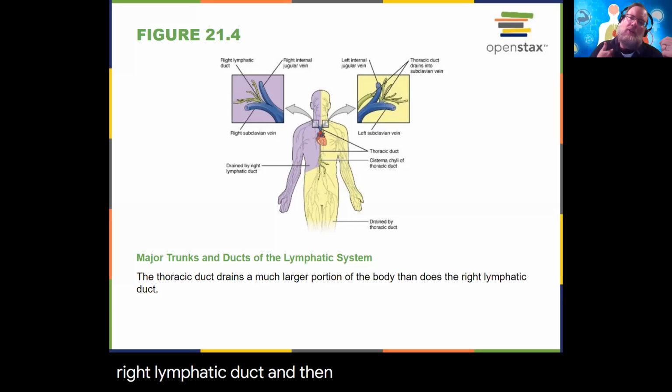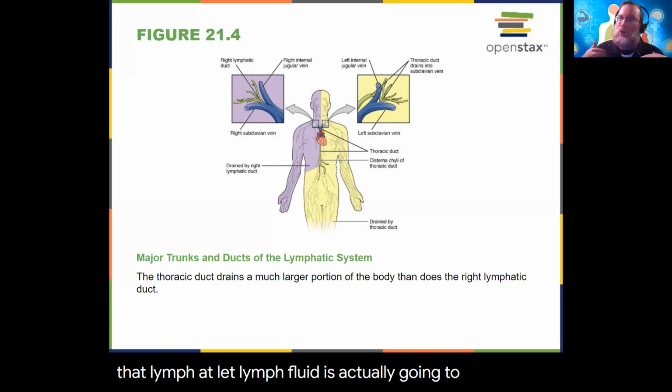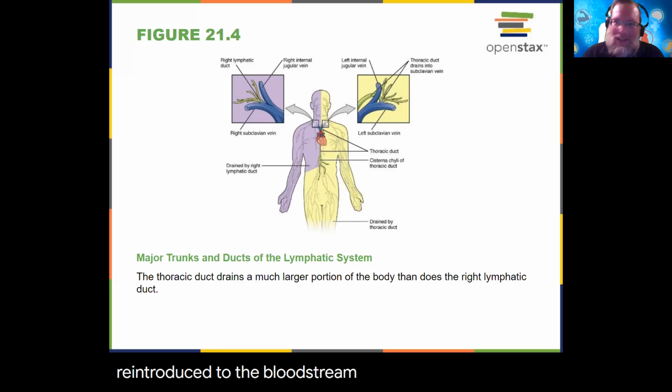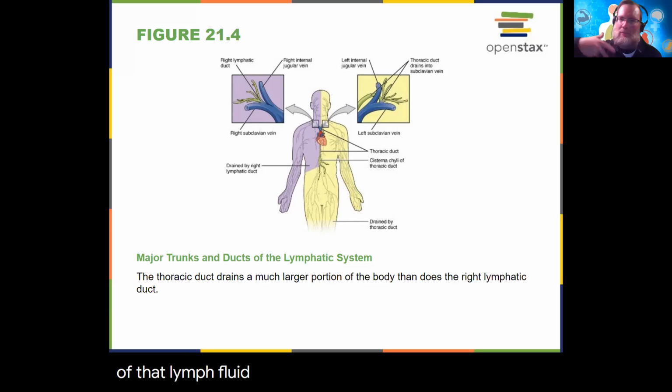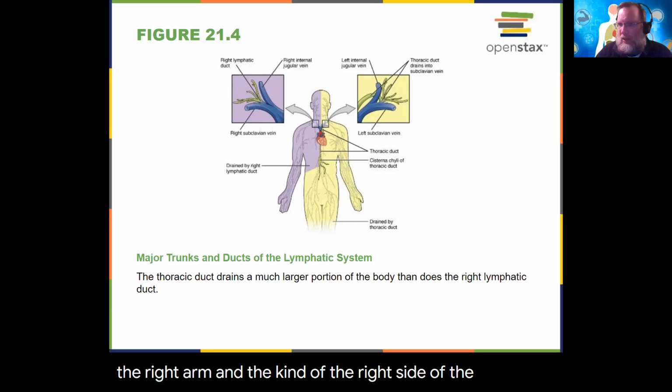Then that lymph fluid is reintroduced to the bloodstream at the right subclavian vein. The right subclavian vein dumps into the superior vena cava, and all of that lymph fluid is dumping into that spot, just from the right arm and the right side of the upper body.